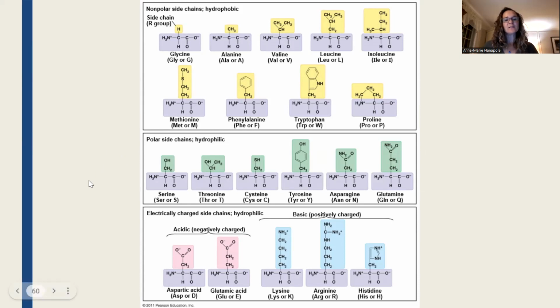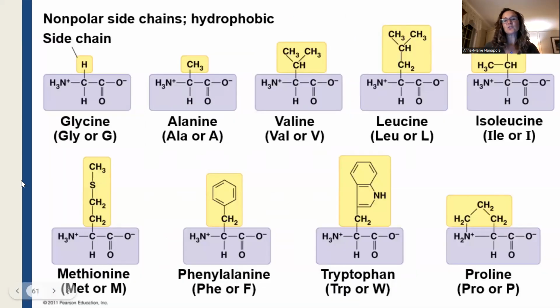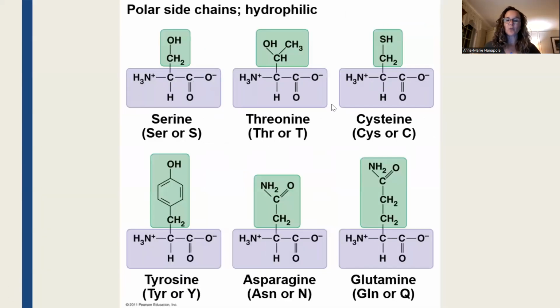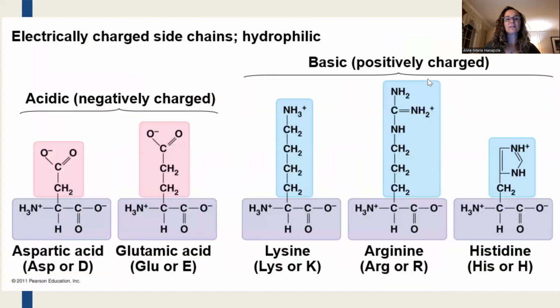We've also got some that have a complete charge. They could be negatively charged or positively charged, but they have an electrical charge. They are also going to be hydrophilic because that charge is attracted to the water. So those R groups, those side chains, are going to determine how the protein folds up. Some of them, again, are nonpolar, and so they don't have a charge. Some of them are polar, and so they have a partial charge, or they could be electrically charged and have a full positive or negative charge.